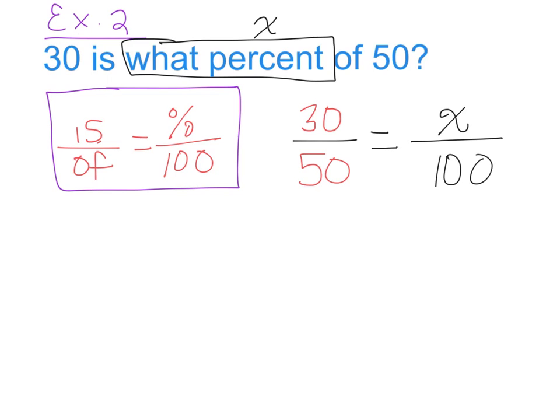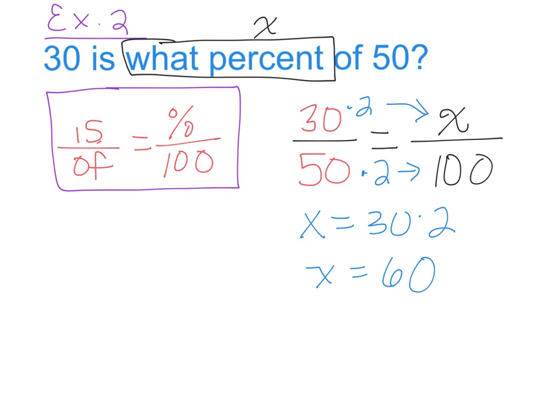And that should be fairly easy. I don't need to do cross products because I know 50 times 2 is 100. So 30 times 2 should give me x. So that means x equals 30 times 2. So that's 60. And the question was percent. So this is 60%. Okay. So if you had 30 out of 50, that would be 60%.